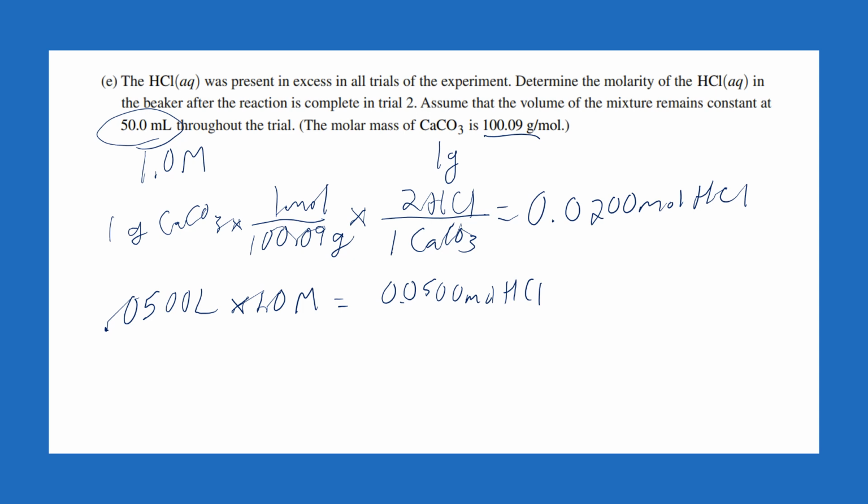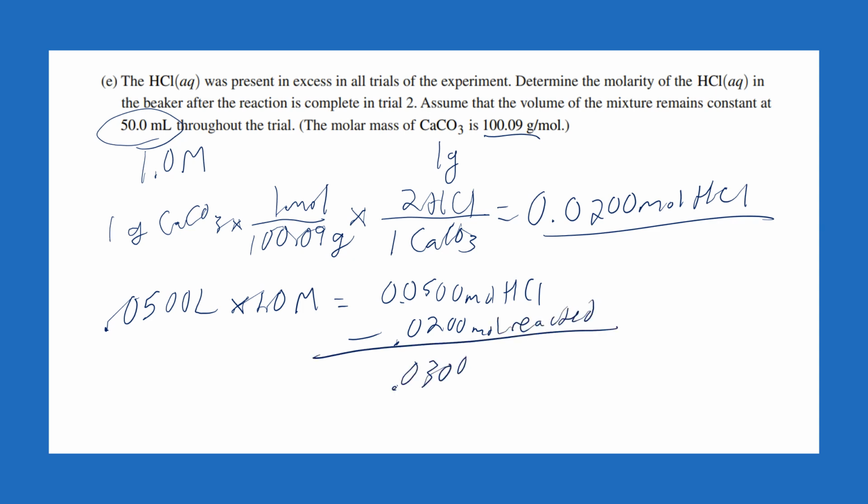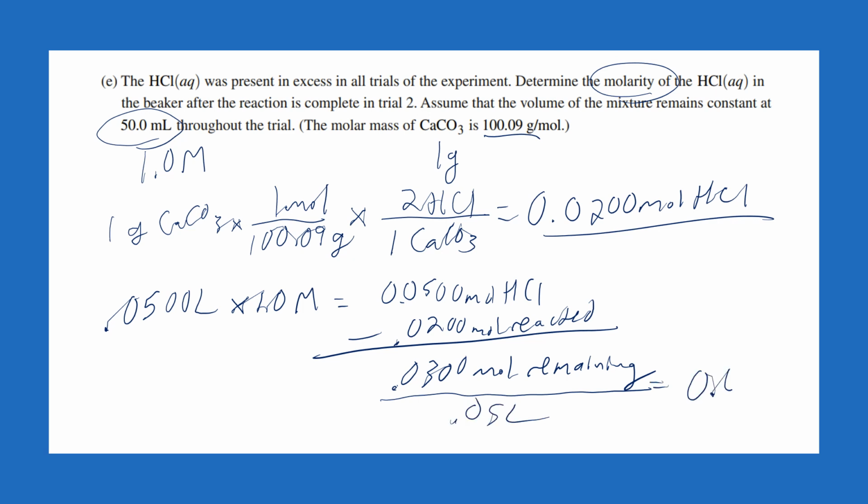We can then just subtract how much reacted to get that there are 0.0300 moles remaining after the whole reaction is done. That's the moles, but it wants us to know the molarity. So let's change that back to molarity. Moles divided by the 0.05 liters gives us a 0.600 molar solution at the end.